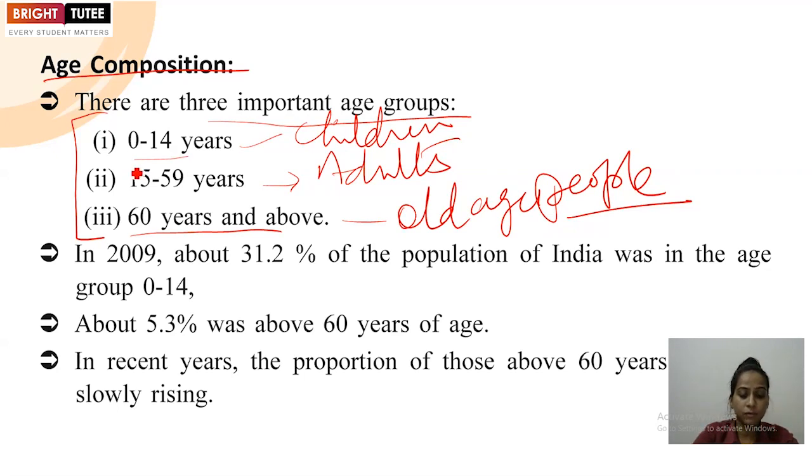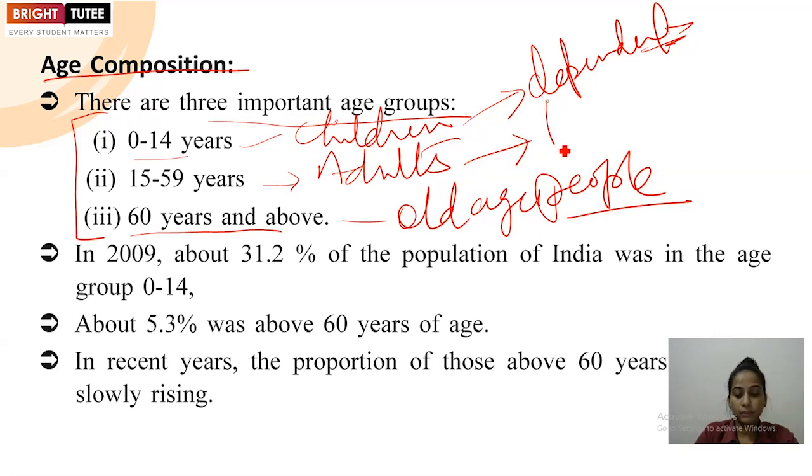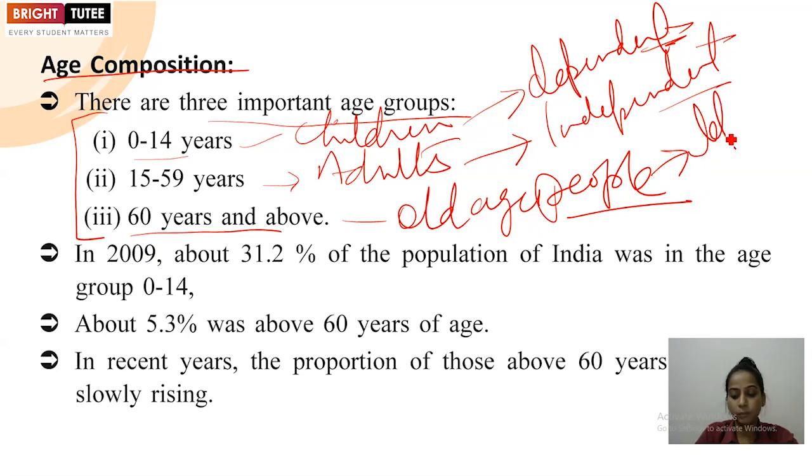Here we can see 0 to 14 years are mainly dependent. Clear? People of 15 to 59 years are independent and most of the time they are working, except in exceptional cases where they are unemployed. 60 years and above are also dependent.